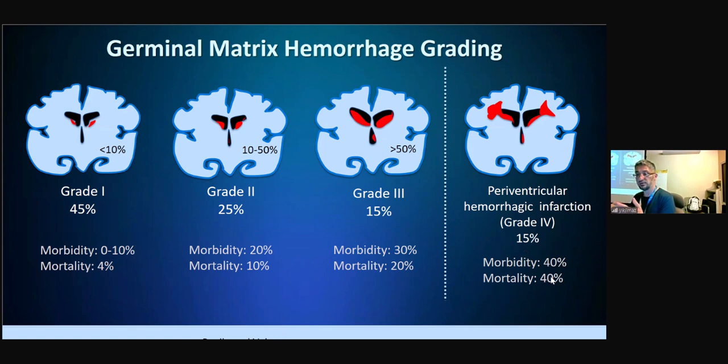So that's the difference. So in Volpe, there is no grade 4. There is periventricular hemorrhagic infarction instead of it. And grade 1 is more common, as 45%. And morbidity and mortality rates increase by grade, as you can see here.